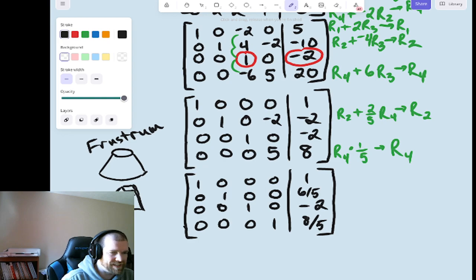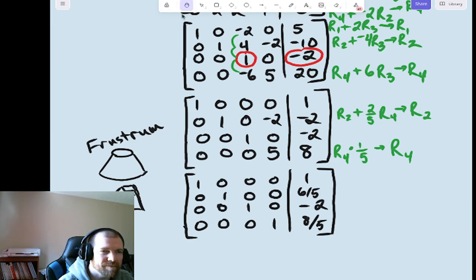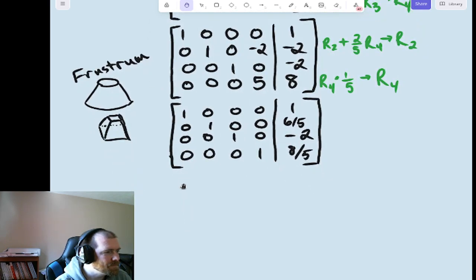Something like that. That's behind my head. Yep, so that's the word we use for it. Frustum. Many of my students find it frustrating, but all right.